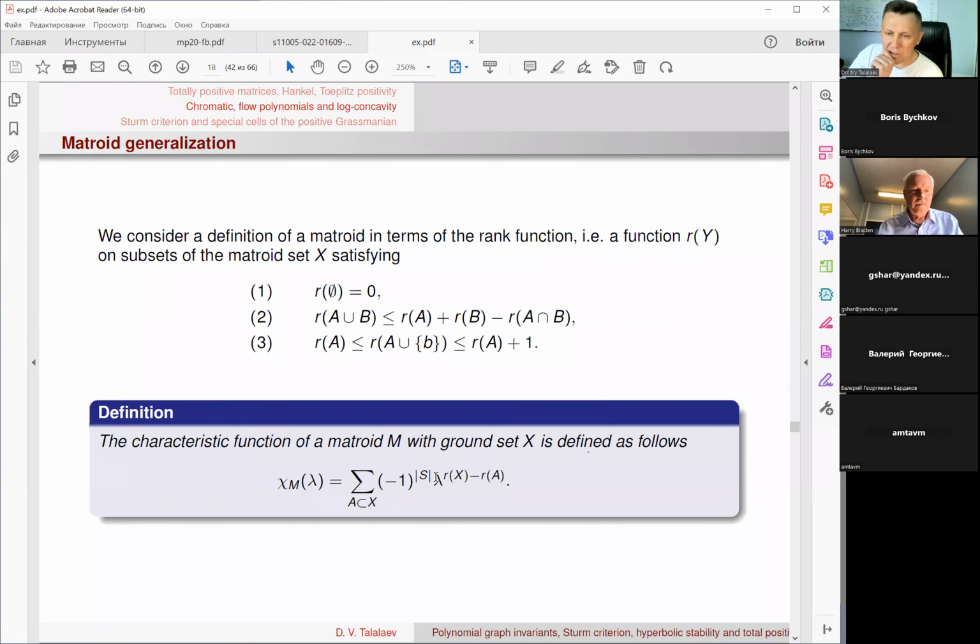Maybe just the number of elements of A. Yes, it is possible. Okay, I'm sorry, it's A.